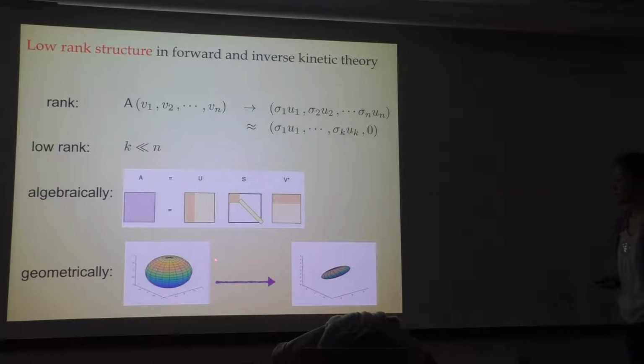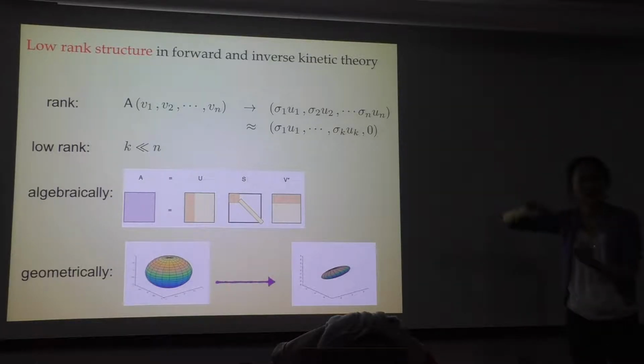The geometric interpretation is this: I have the n-dimensional, very large n-dimensional unit surface, and I map this matrix A onto this unit surface. It gets stretched into an n-dimensional ellipsoid. If this ellipsoid has several dimensions that get stretched, and most of the dimensions get compressed, then we say the system is of low rank. So you can imagine I have a unit sphere and I use this matrix A to map it to a very skinny ellipsoid.